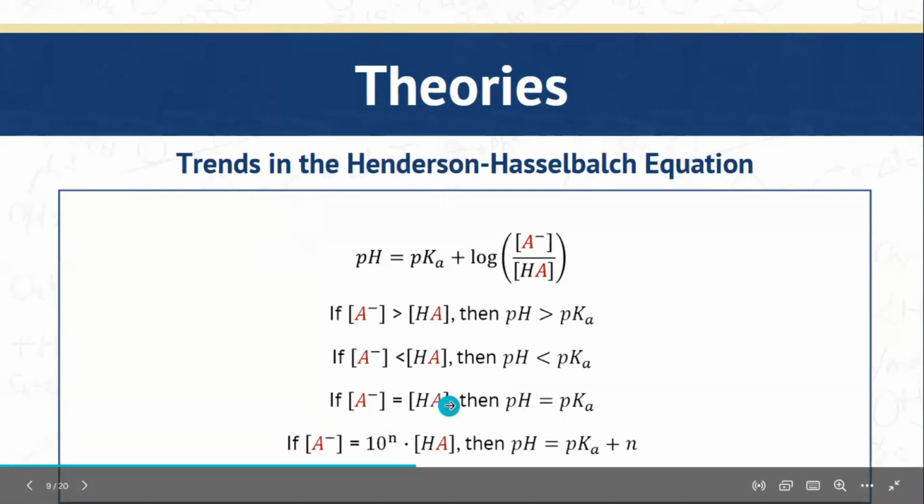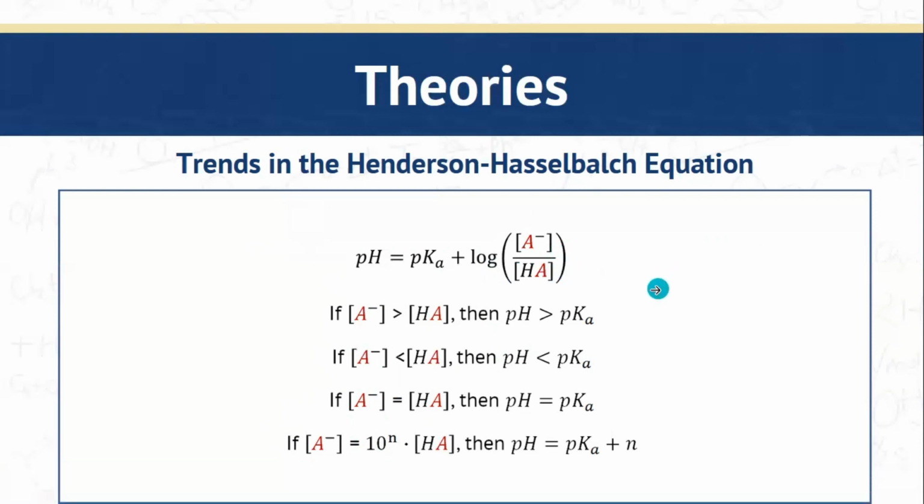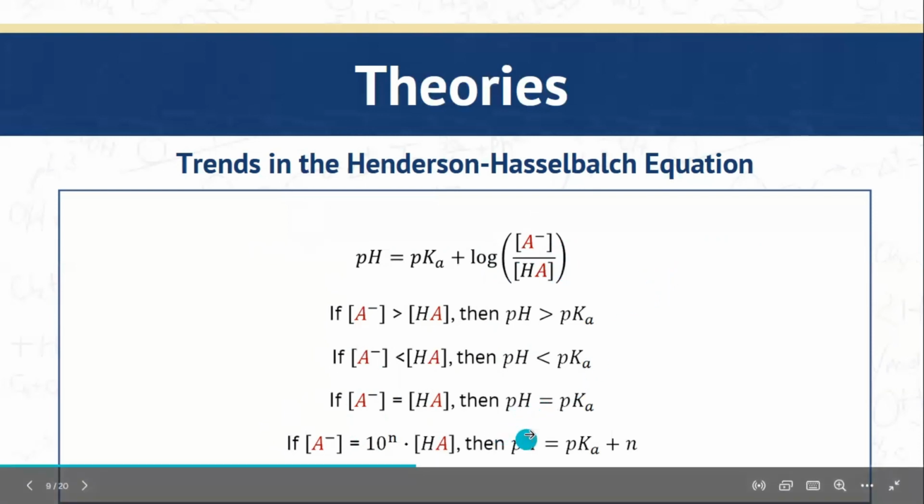Now, if we consider the case where the conjugate base is equal to 10 raised to n times the concentration of the acid, then it follows that if we simplify the log equation, it will be equal to n. Then the pH is equal to the pKa plus n. n is the exponent of the 10, the multiplier here.